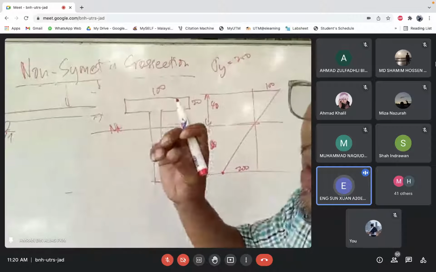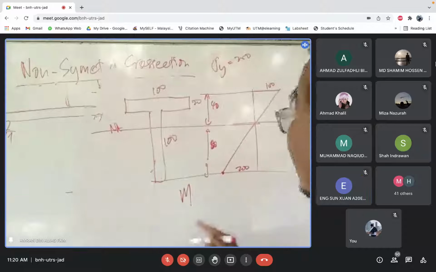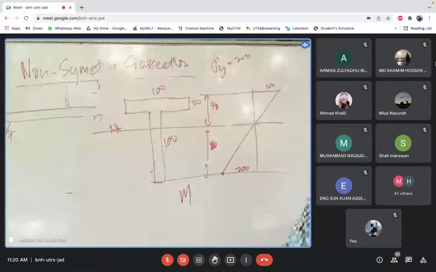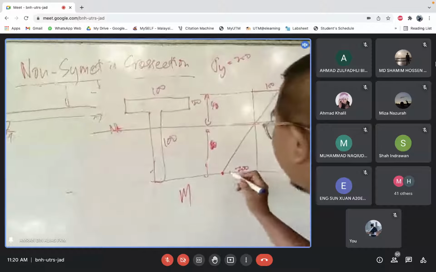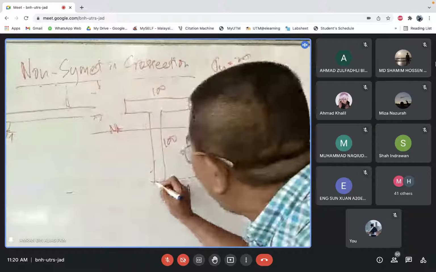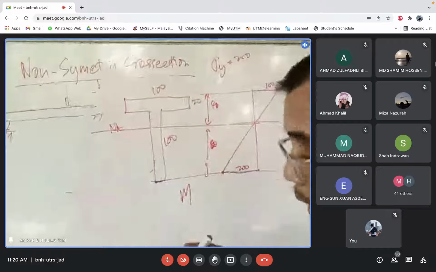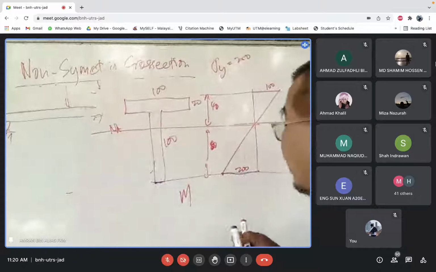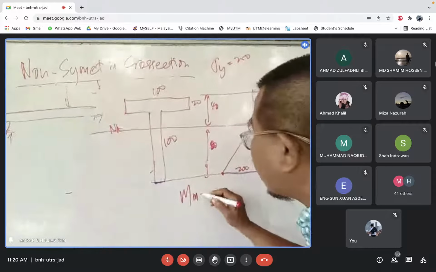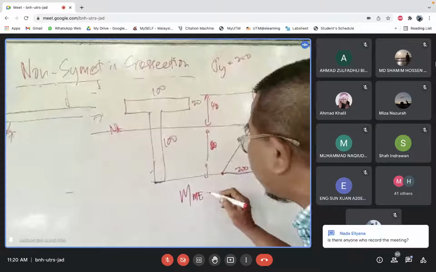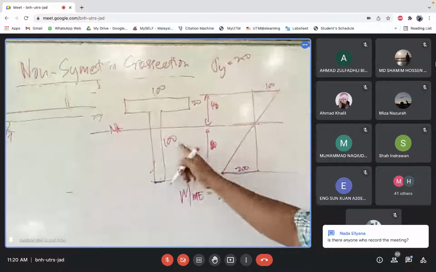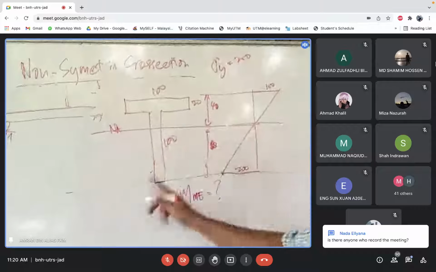Moment maximum elastic, or start of plastic, because 1 point here is 200, so there's only 1 layer at yield. That's the meaning of moment start of plastic or moment maximum elastic. This is the one. Now draw this side by side.